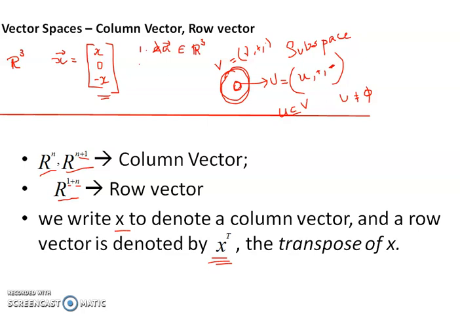And the second condition is: if you take two vectors A and B which belong to the vector space R3, then A plus B will also be an element of R3.